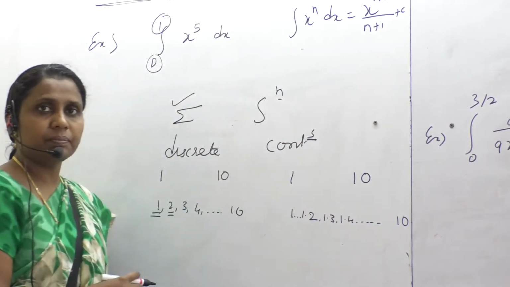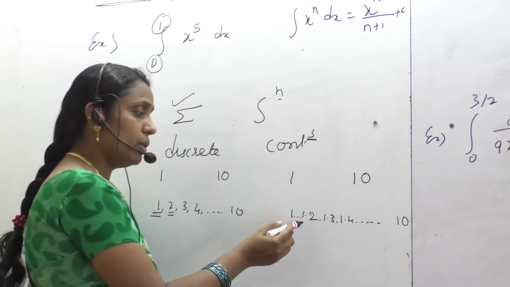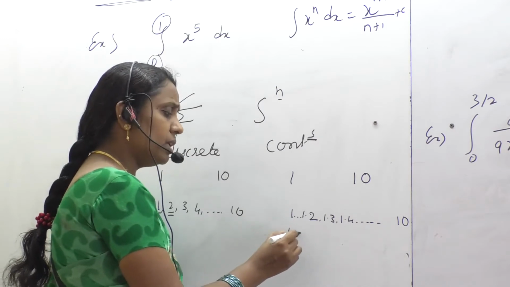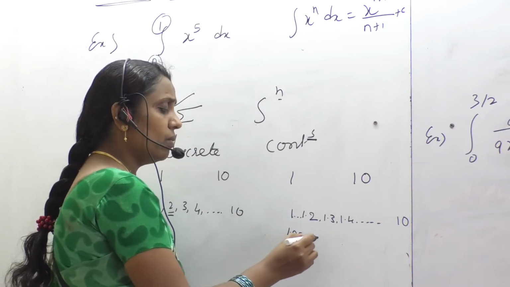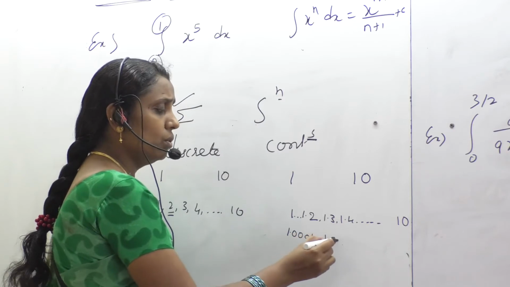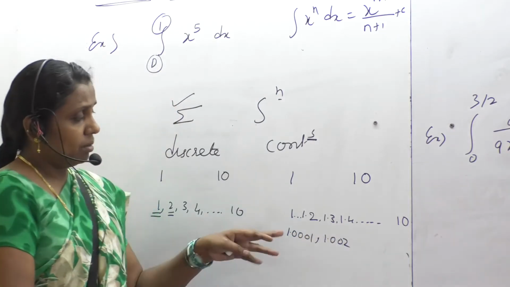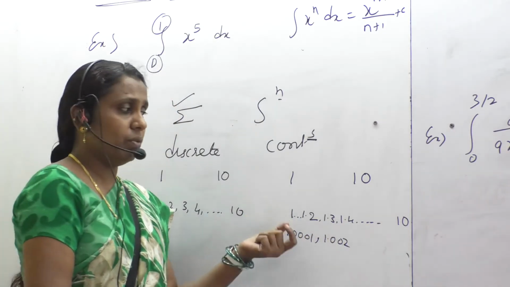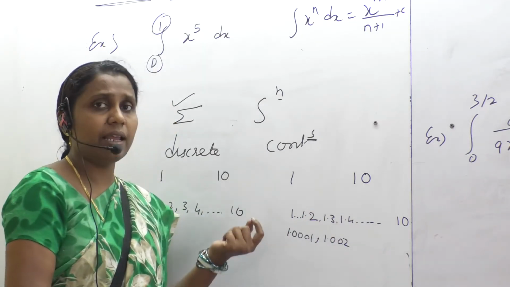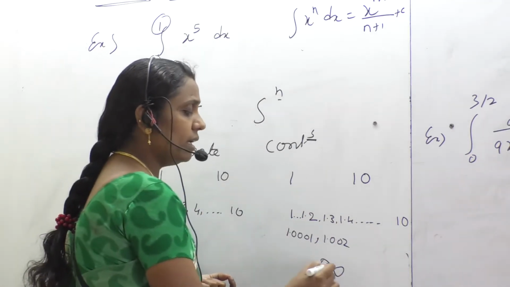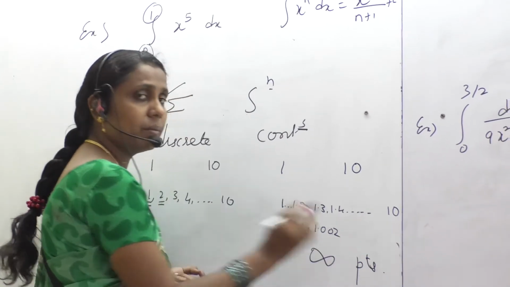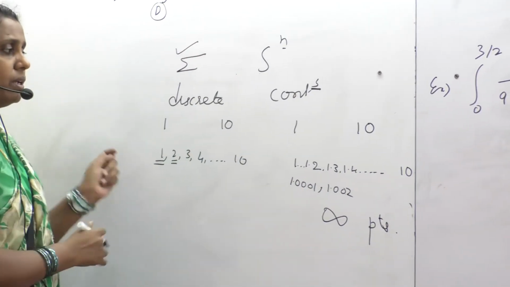Not necessarily 1.2 only, it may be 1.0001, 1.002. So you can make the points in between, and here you find an infinite number of points. Am I right?